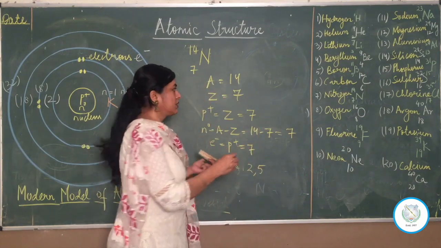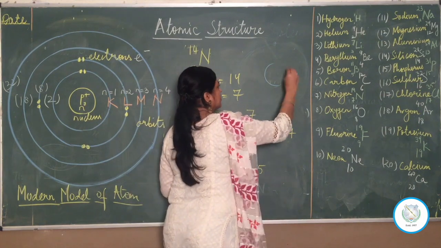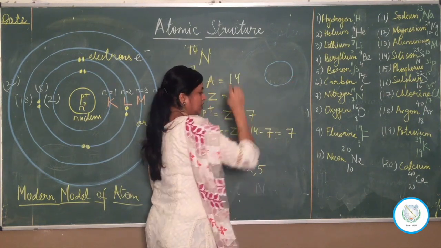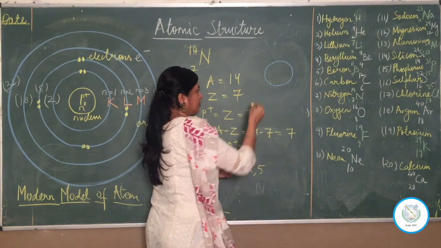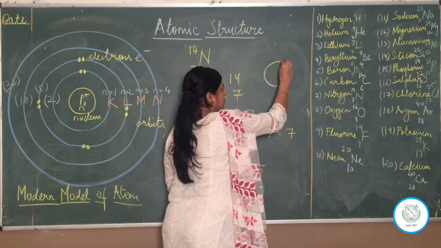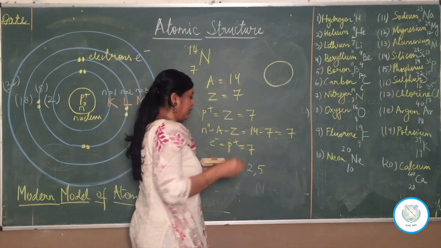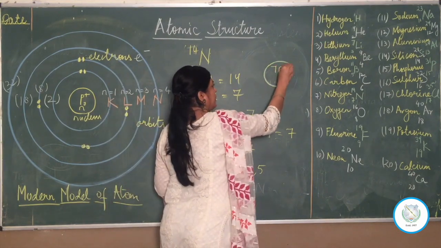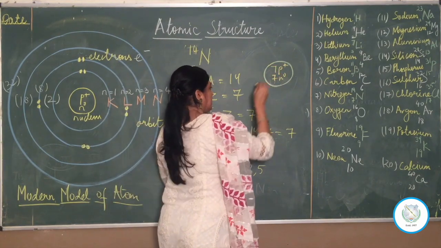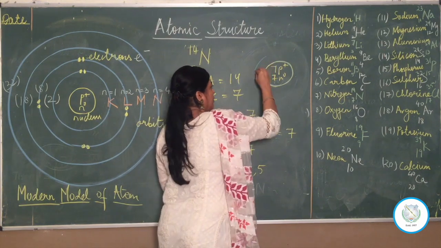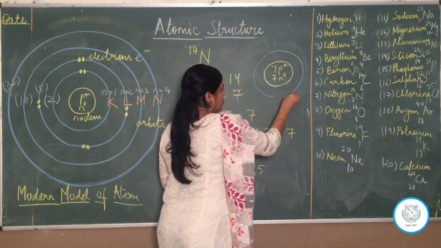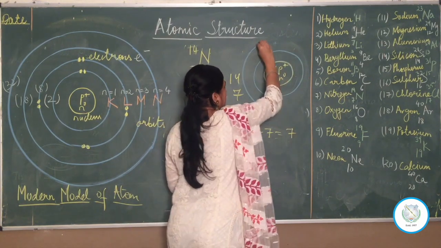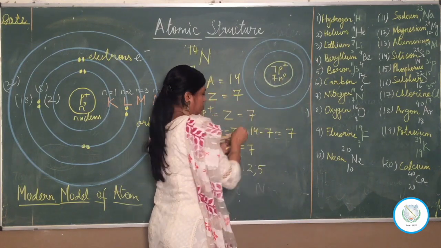How will you draw this? Inside the nucleus, what will you draw? First you write protons and then neutrons. 7 protons, 7 neutrons. So 7p plus 7n0. How many shells? 2.